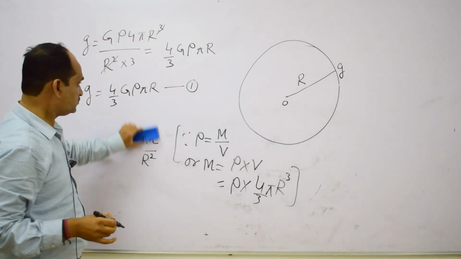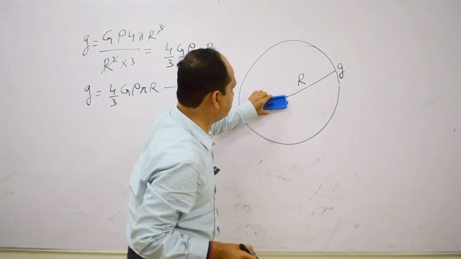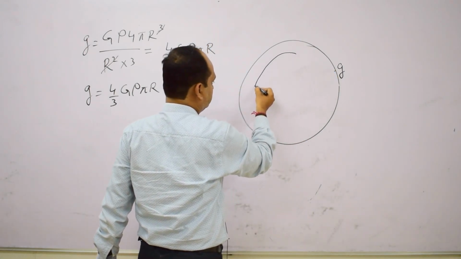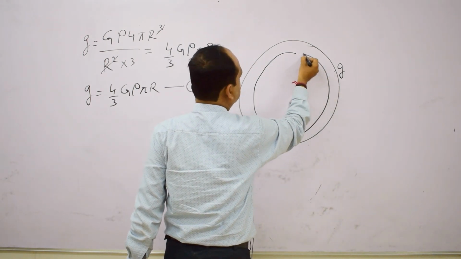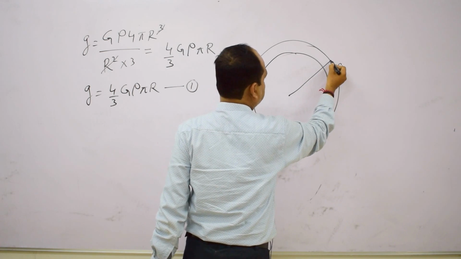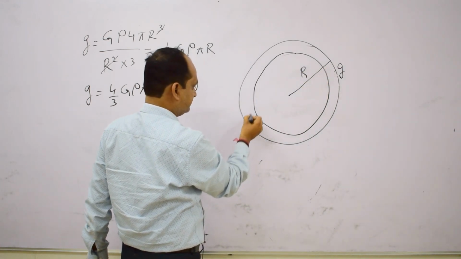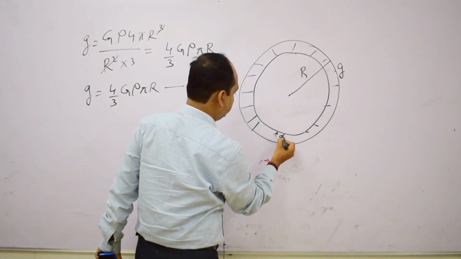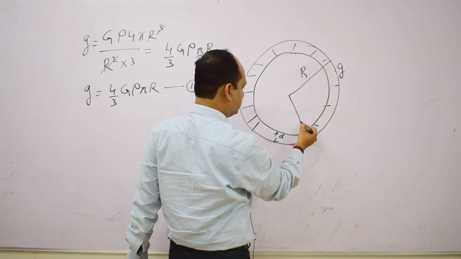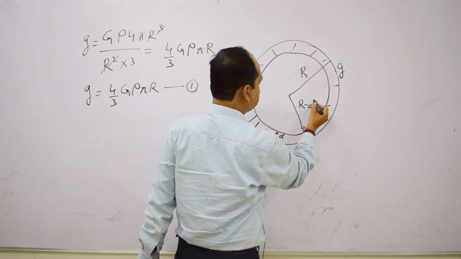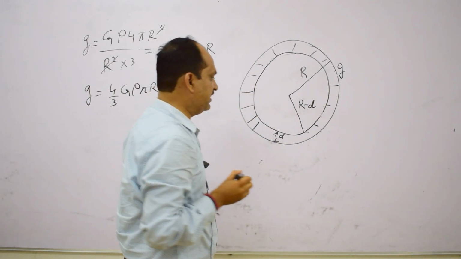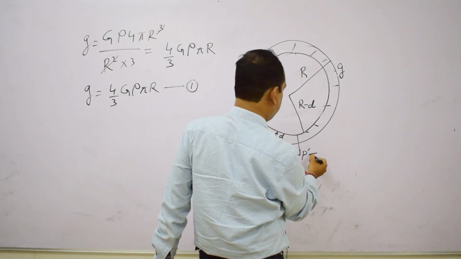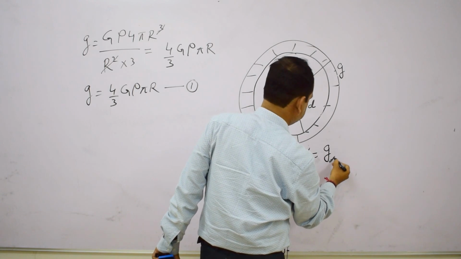Now in the next case we take a uniform shell inside the earth. This is the radius of earth R, and this thickness we take as small d. So the radius of this spherical shell is R - d, and suppose at this point P' the value of g is gd due to depth.